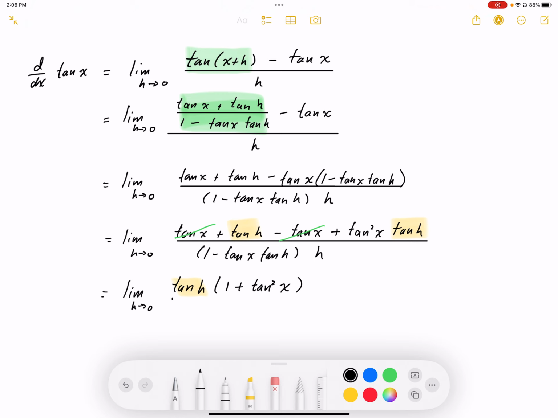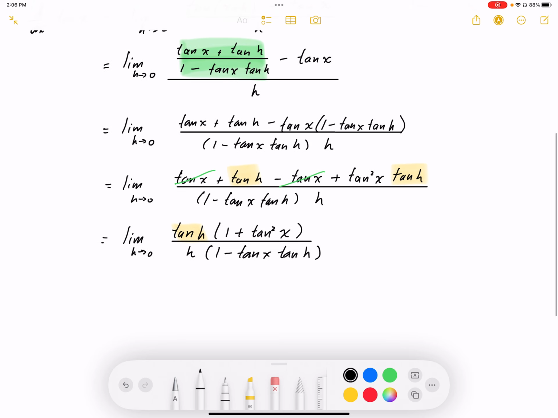And then what's left in the denominator? So I'm going to put that h over here, and 1 minus tan x tan h. So really the problem is that divide by h, but what we can do then is group that all together, and there's my identity.